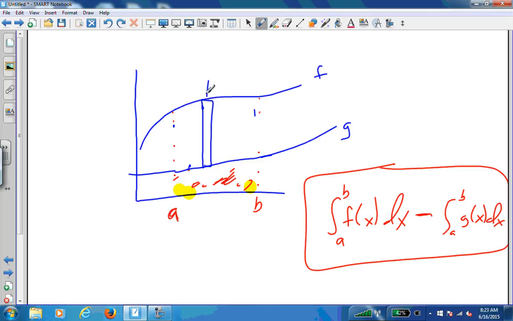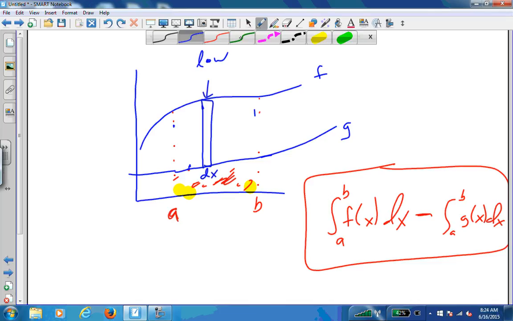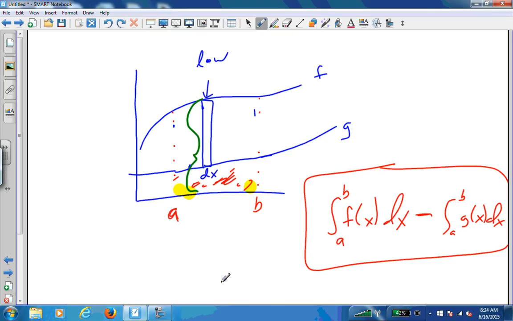So to get the area of one of those rectangles, we need the length of it times the width. Our width is in the x direction, so that's going to be dx. To get the length of this, we would take that distance. Notice that distance from there all the way to the y-axis is given by the function f.